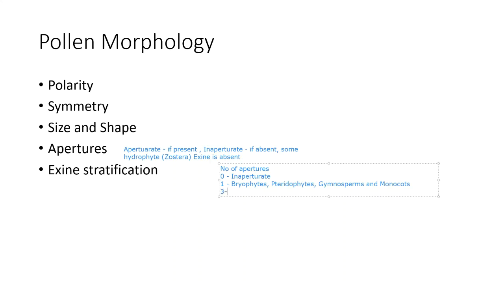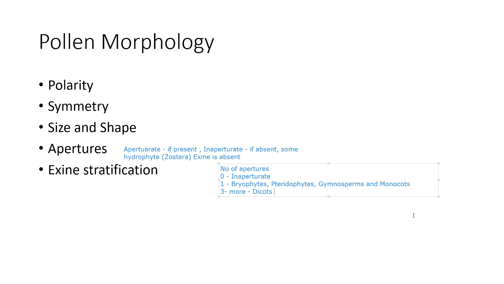Dicot. Yes, 3 or more. Minimum 3 apertures are present. There are some pollen grains which have more. So dicots from the angiosperms, the most advanced group, they have 3 or more apertures.